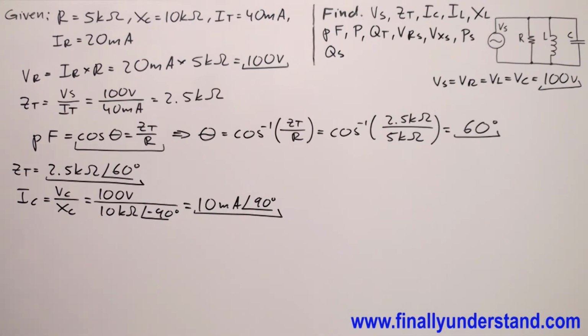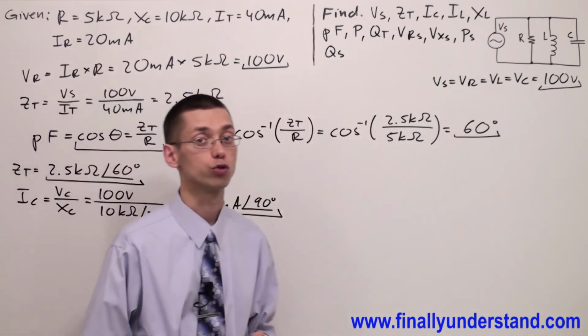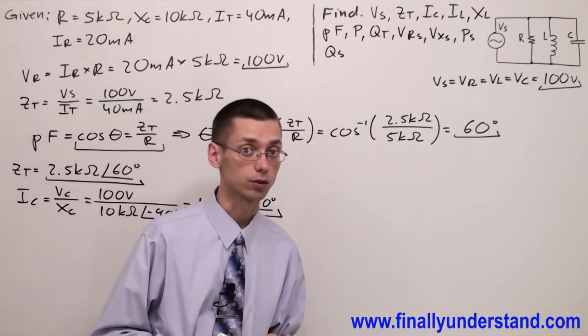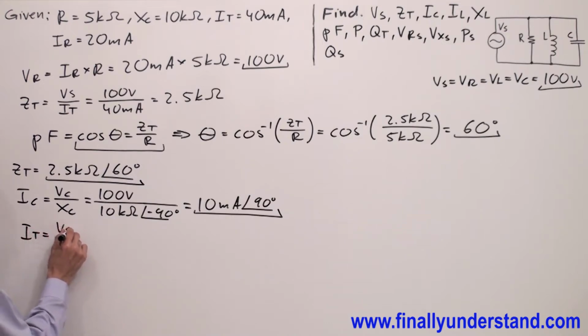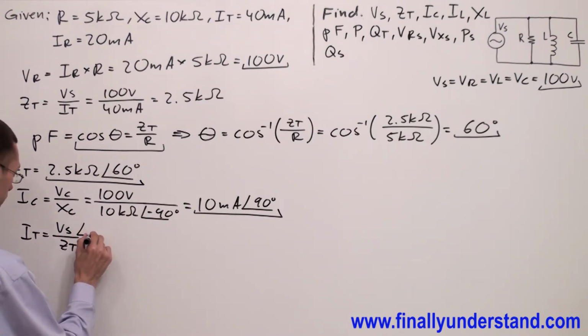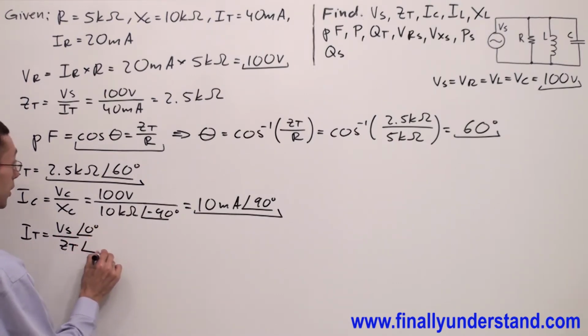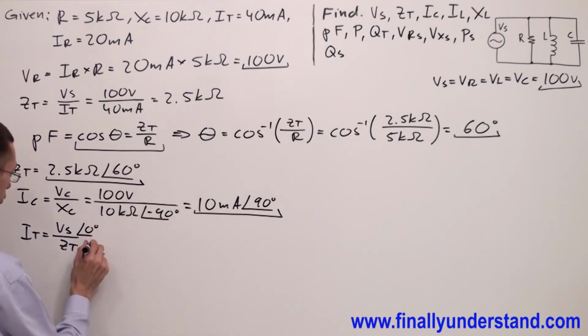Next, we're supposed to find the current which goes through the inductor. In order to do so, we're supposed to find the angle for I total. I total is equal to the voltage source over Z total. The voltage source has an angle of 0 degrees, and the Z total we found has an angle of 60 degrees.